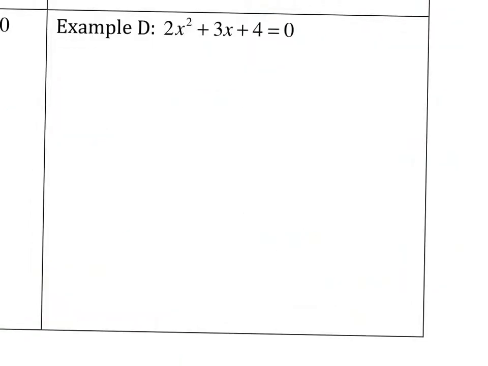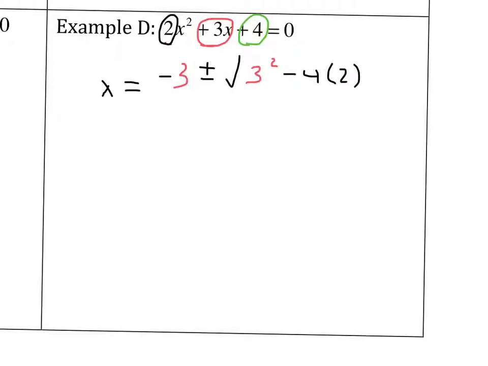So in this case, my a is 2, my b is positive 3, and my c is 4. So x equals negative b plus or minus radical b squared minus 4ac.